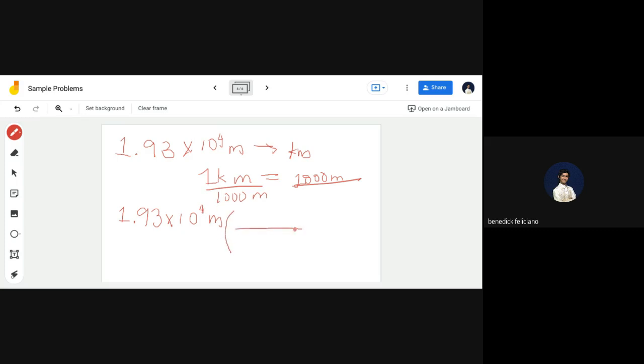Then multiply it by 1 kilometer over 1,000 meters. Then we will cancel out the meters and be left with kilometers. And the answer is obviously 19.3 kilometers.